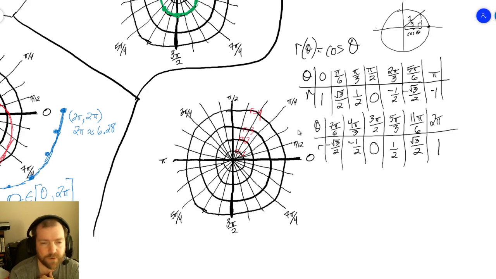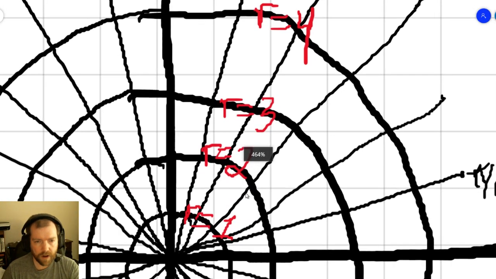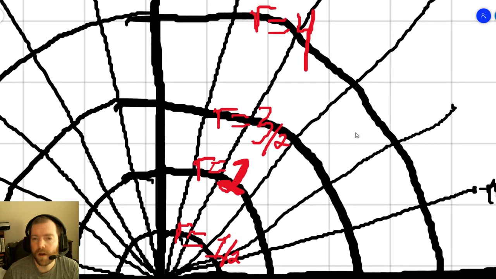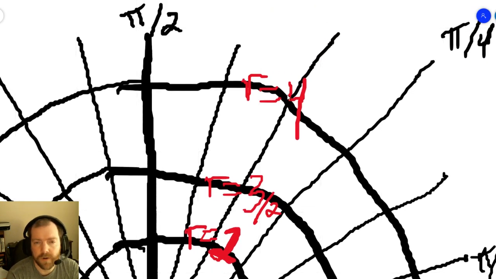Well, this is sort of unfortunate because this is a really small area, so I'm going to renumber these. So this is going to be 1/2. It's going to be 1. It's going to be 3/2. And this one's going to be 2.